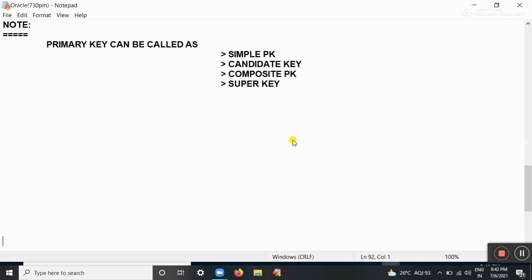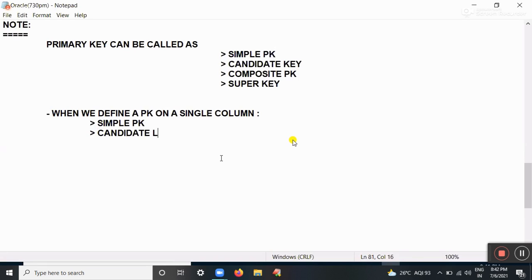But the same thing, guys, here suppose. When we define a primary key on multiple columns, then it is called a composite primary key and super key.